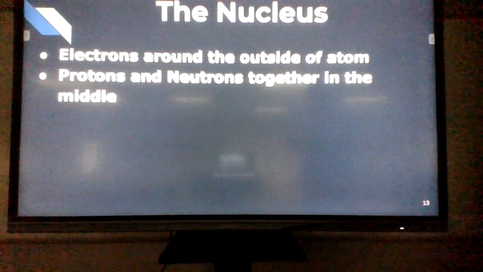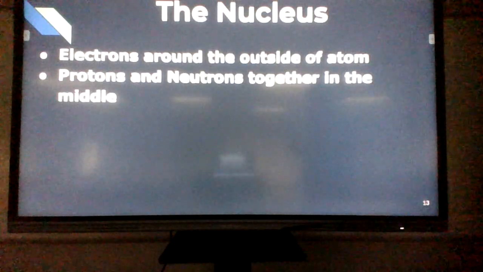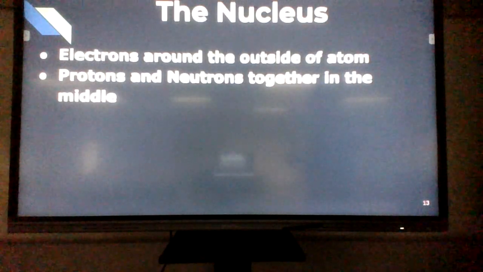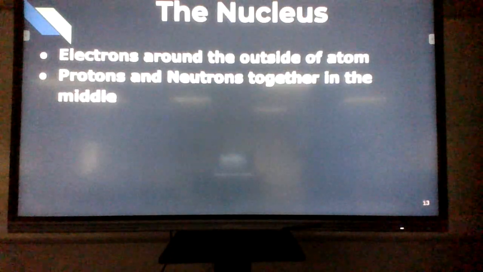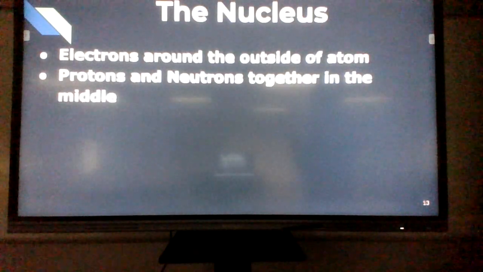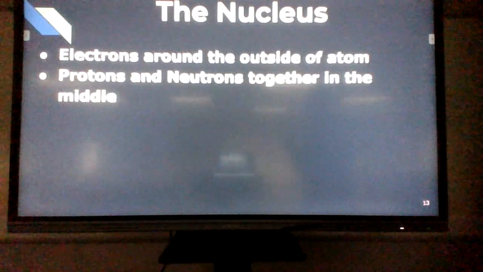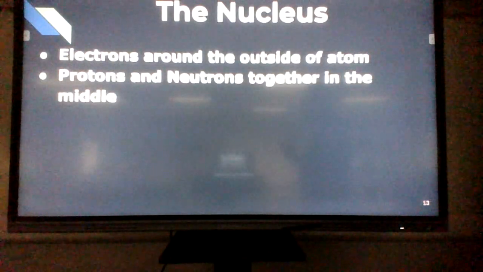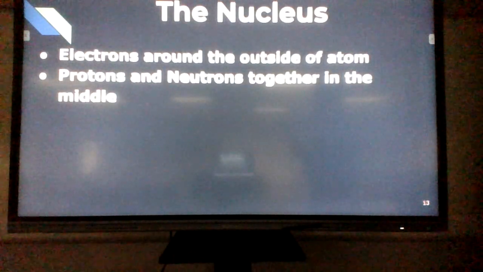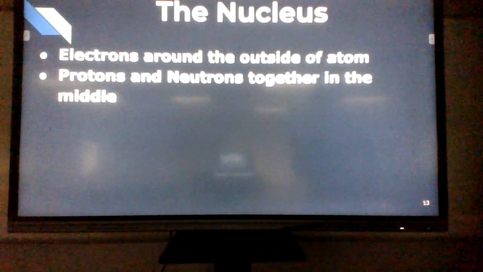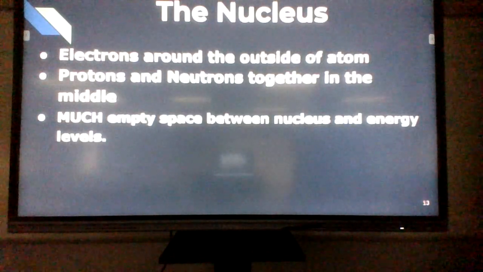All the protons have positively charged particles. What's keeping those like charges from repelling? That would be the neutrons. The neutrons are just massive enough to block that electric flow of like charges that should be repelling but don't. There's enough insulation in the neutrons, and in many of the atoms there are far more neutrons than there are protons. So it kind of neutralizes or controls that static-like charge.